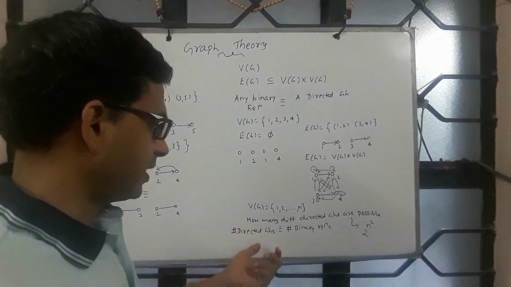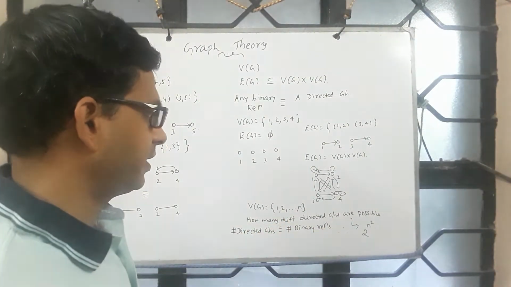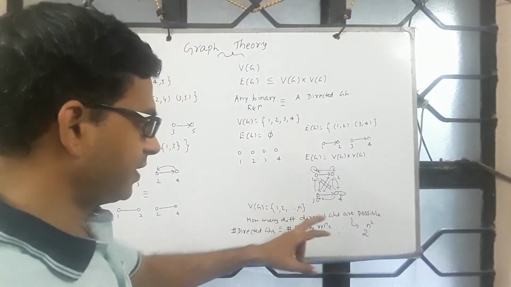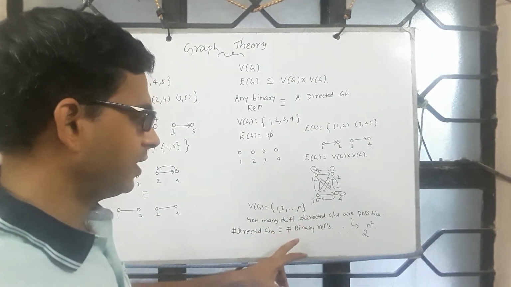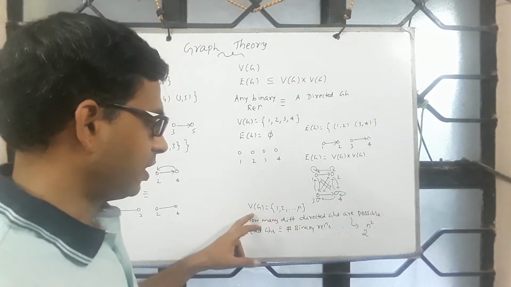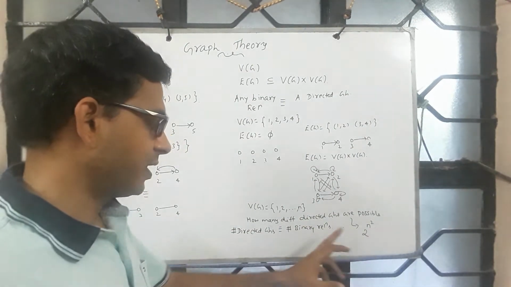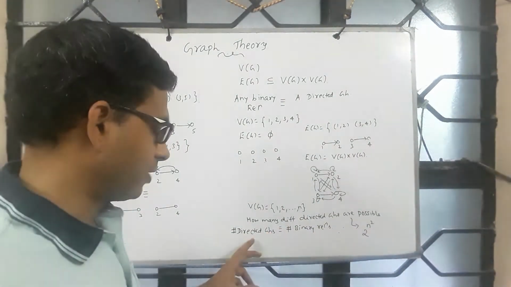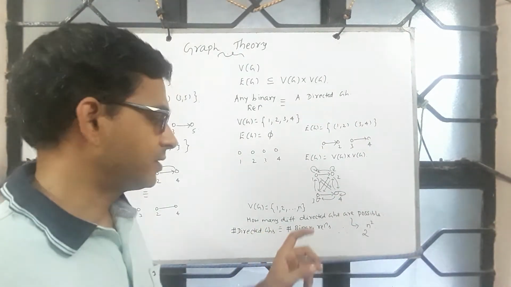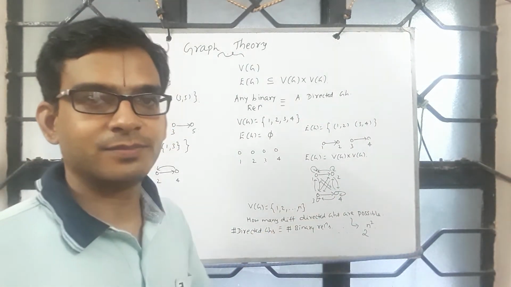The reason is each directed graph corresponds to a binary relation. So counting the number of different directed graphs is equivalent to counting the number of binary relations on V of G. Therefore, there are 2 power n square binary relations, and therefore 2 power n square directed graphs on n vertices.